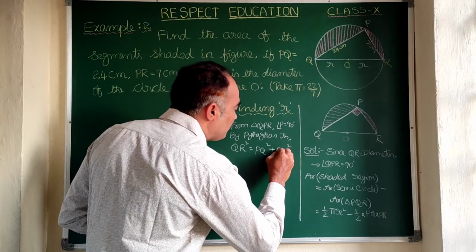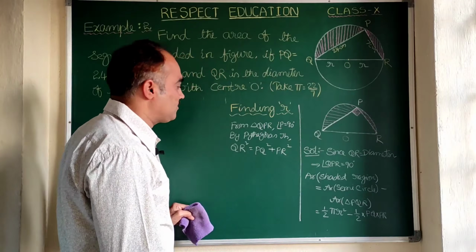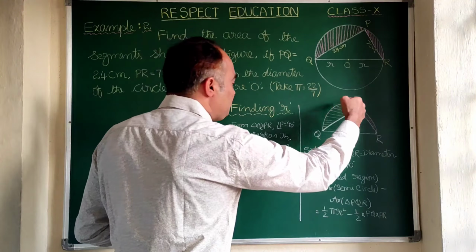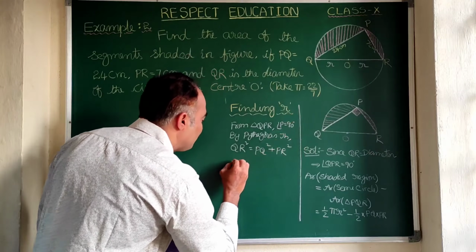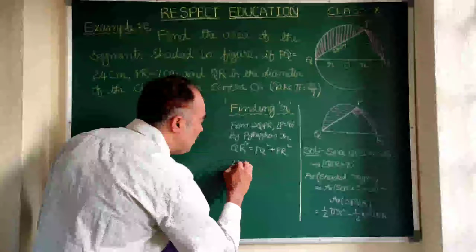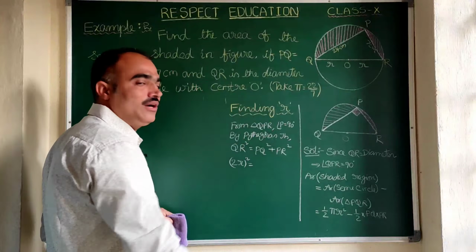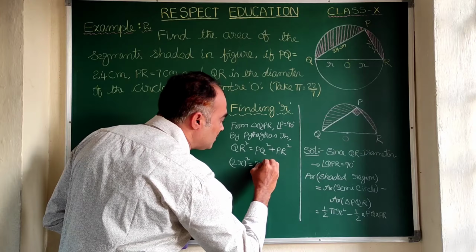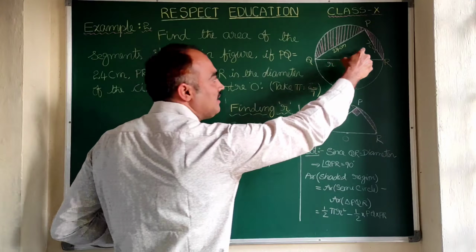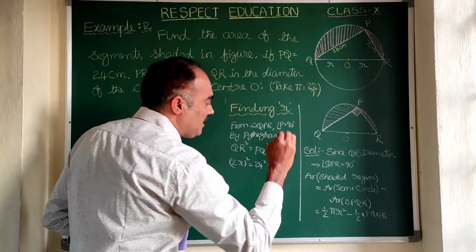So QR square is equal to PQ square plus PR square. Let us substitute the values. QR is R plus R, 2R. So we can write 2R whole square is equal to PQ, given as 24, so PQ square will be 24 square, and PR, given as 7, so PR square is 7 square.